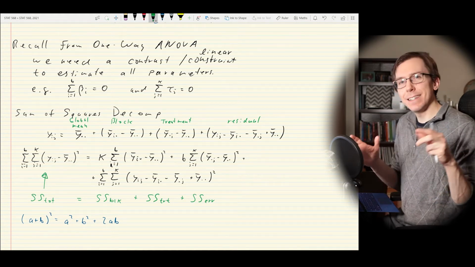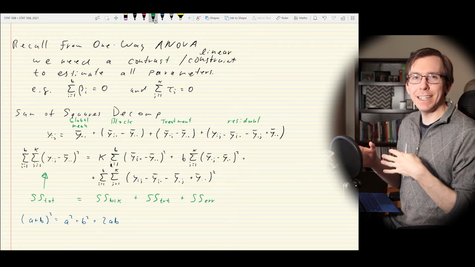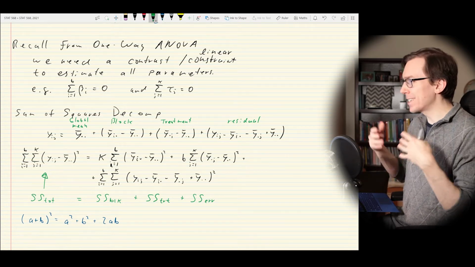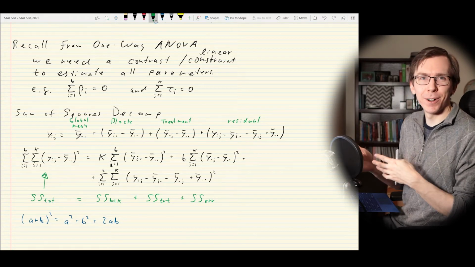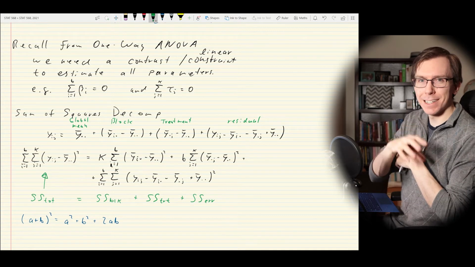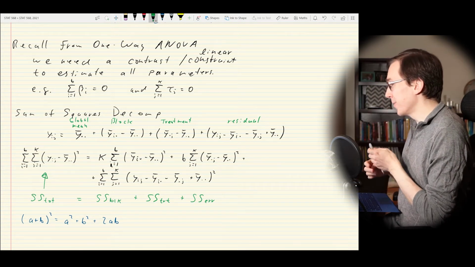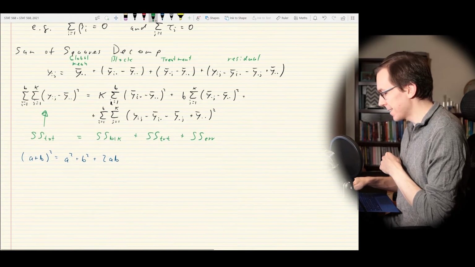So it's really a way to decompose the variation in our data into three disjoint pieces that, thanks to, again, things like Cochran's theorem, we know are orthogonal in some mathematical sense to each other, so we can consider them all separately. And then this, of course, leads to our hypothesis tests.